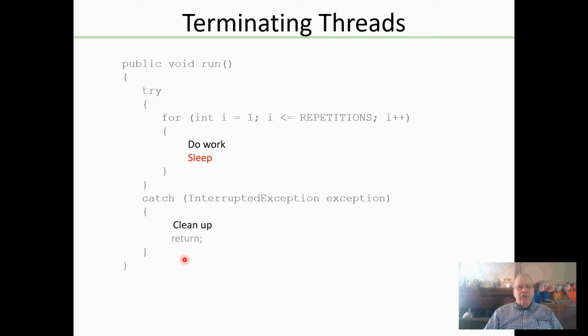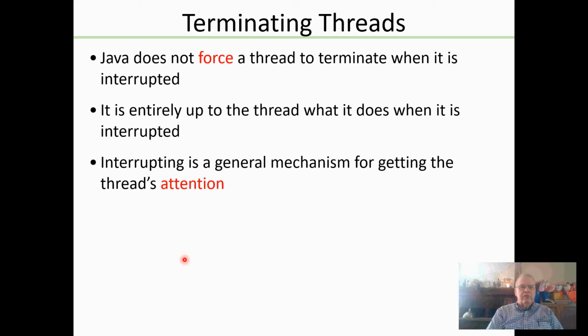You have to account for the fact that it might get interrupted in the middle of the sleeping. If so, you catch it with a try-catch, and then you clean up and return. Java doesn't force a thread to terminate when it's interrupted. It's entirely up to the thread what it does when it's interrupted, but normally we kill it.